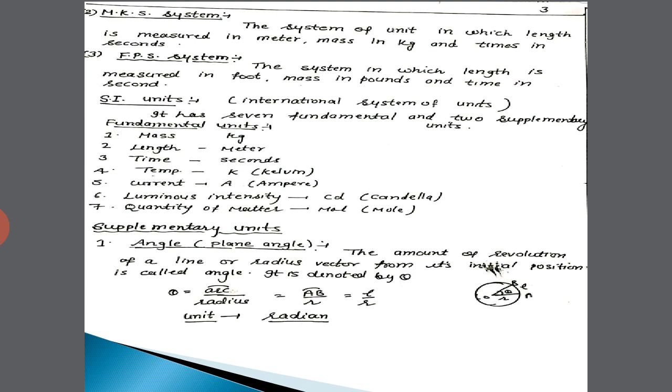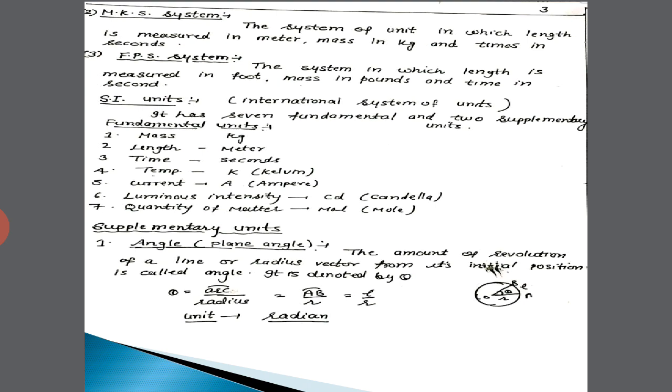Angle, the plane angle: the amount of revolution of a line or radius vector from its initial position is called the angle, and it is denoted by theta. You can see in the diagram, a circle is drawn with center O and radius R. A is the initial position, B is the final position along the radius.